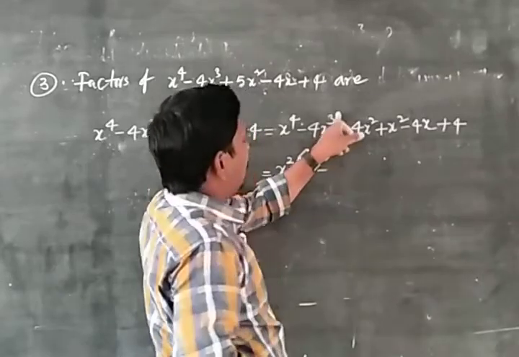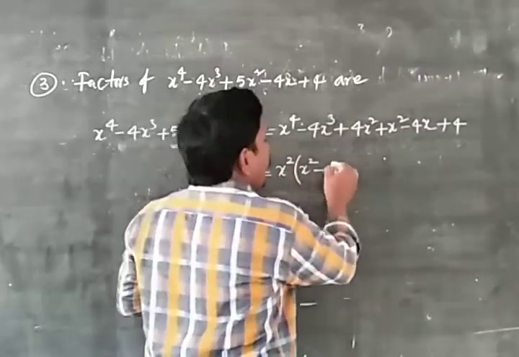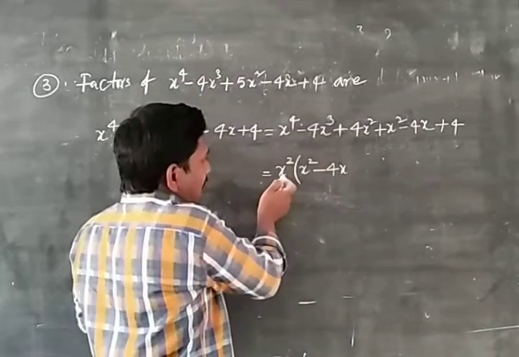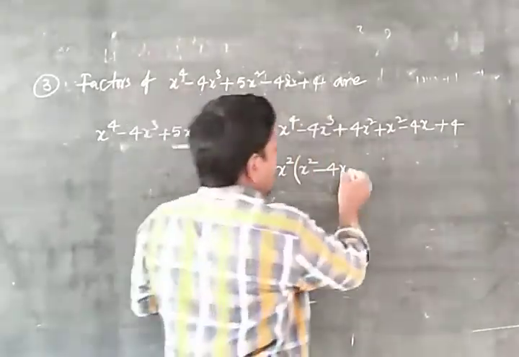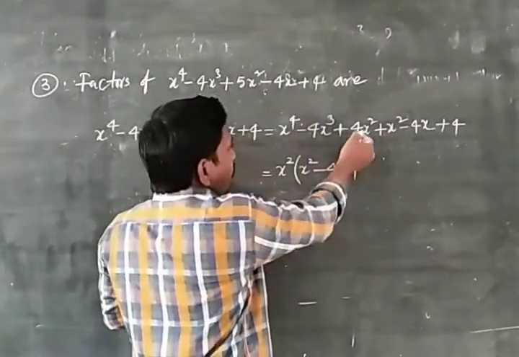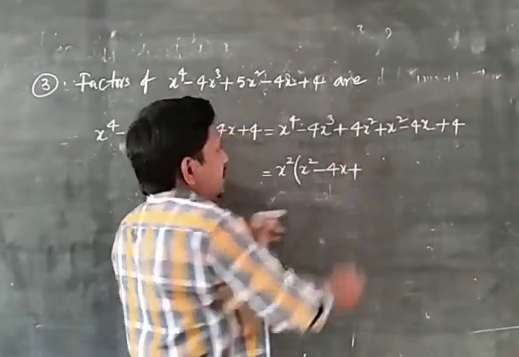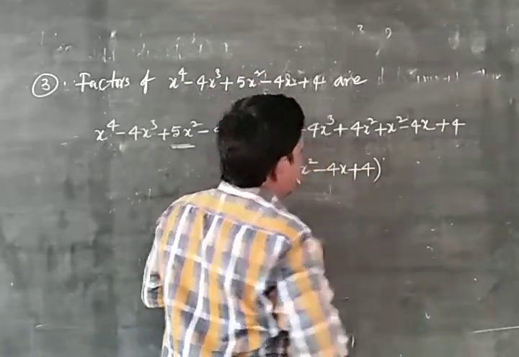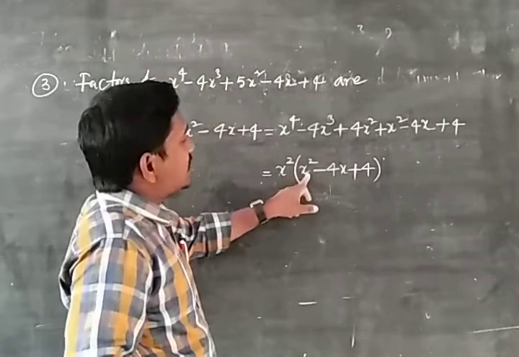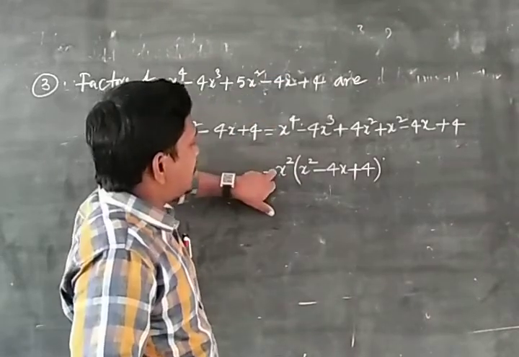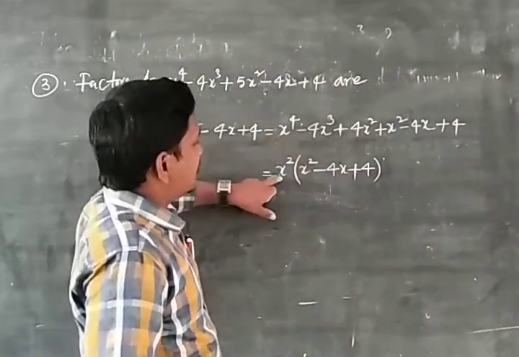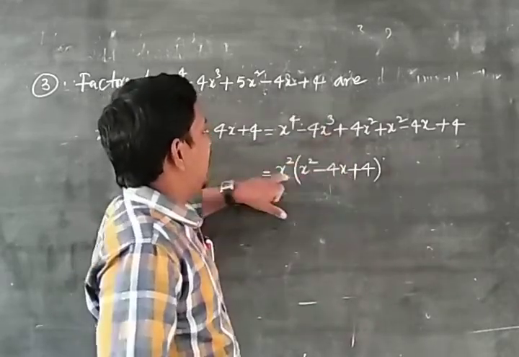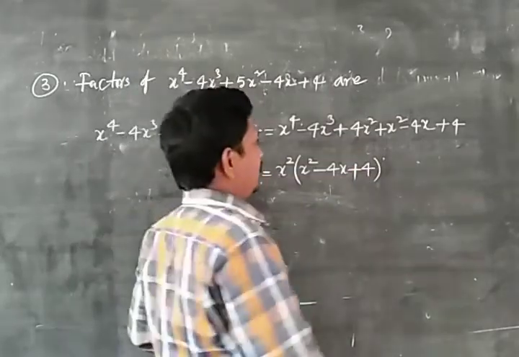After 4x cube, by taking x square, 4x is there. Why? Because x square into 4x is 4x cube. Out of 4x square, x square is common. What is the remaining one? 4. Check it once: x square into x square plus x square into minus 4x plus x square into 4.